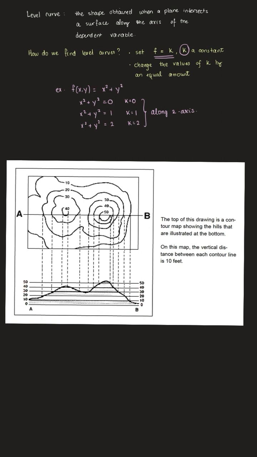And we've taken a plane at each value of k, so at k equals 0, and we intersect that plane. At 0, we've got nothing. So at k equals 10 feet, we see in the map above the curve that's created, that's a level curve of how the terrain changes all at that same altitude of 10 feet. So if we went around the mountain at 10 feet, we would find this path.